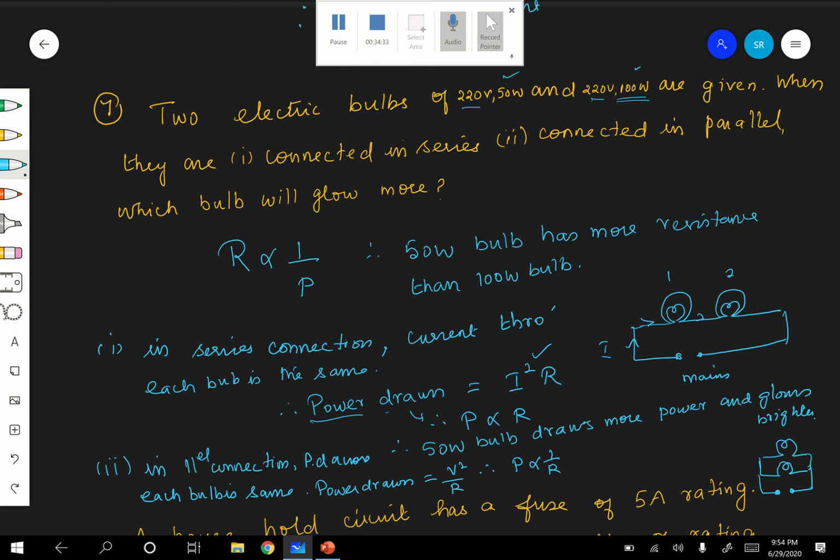Therefore, the 50 watt bulb, which has more resistance, draws less power, and the 100 watt bulb glows brighter here. Are you following?